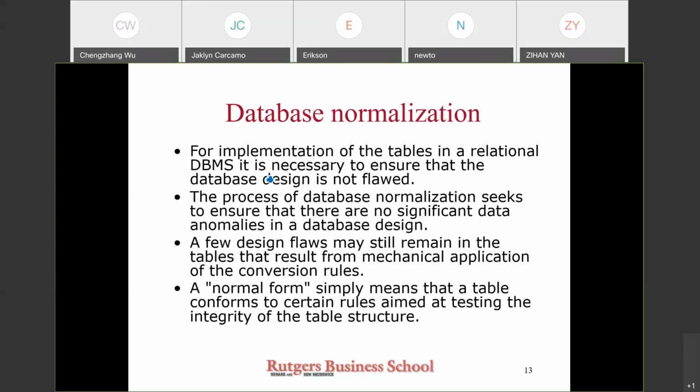Prior to implementation in a relational DBMS, it is necessary to ensure that the database design is not flawed. So the process of database normalization seeks to ensure that there are no significant data anomalies in the database design.